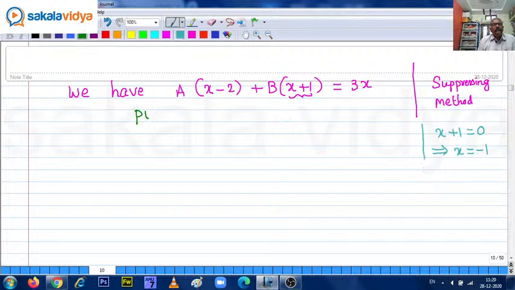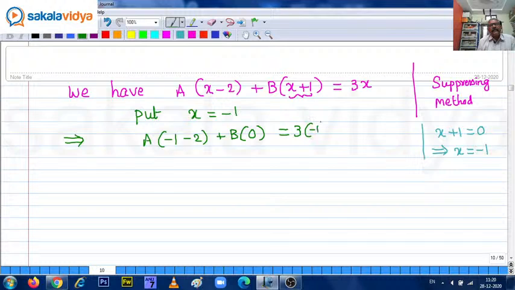So now put x is equal to minus 1. That implies a times minus 1 minus 2, plus b times minus 1 plus 1, that will be 0, equal to 3 times minus 1. It has been suppressed. So we get minus 3a plus 0 equal to minus 3.